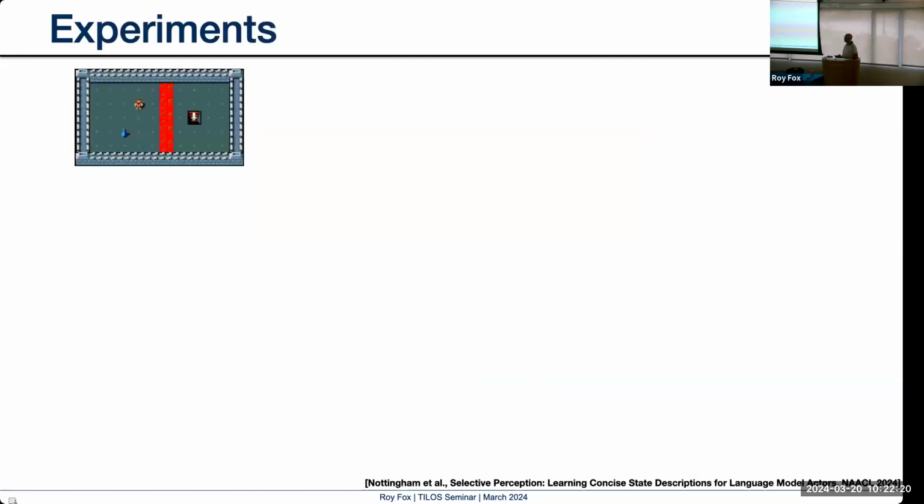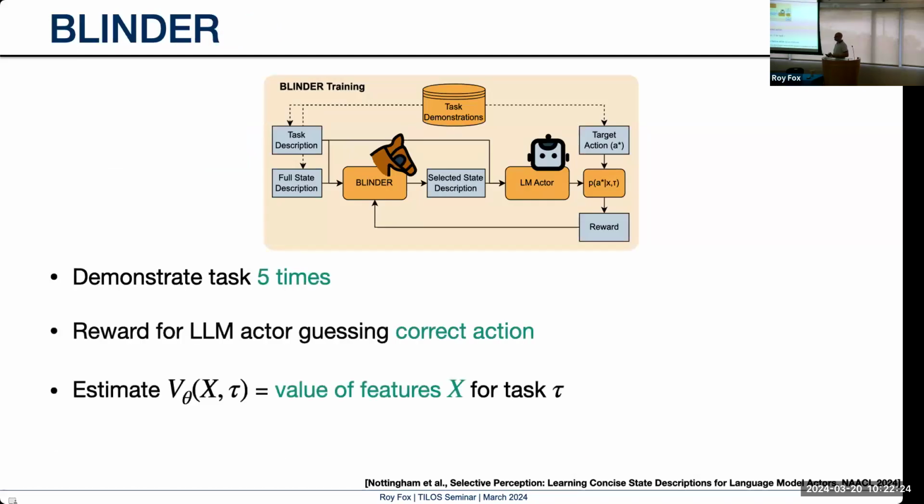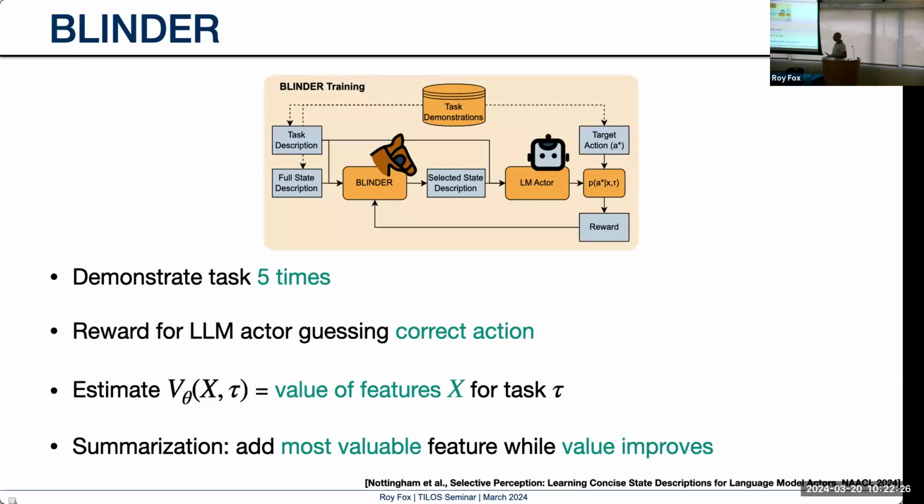Let's see how well it works. If you compare it to just using data to fine-tune the language model... Yes, so fine-tuning the language model itself, the actor itself, is not going to work. Definitely not from this little data. It's not meaningful for that.